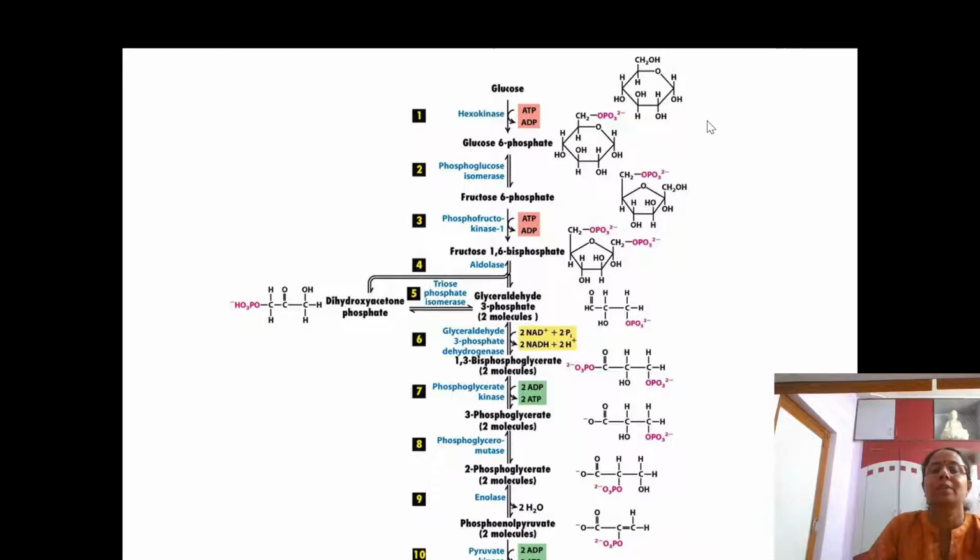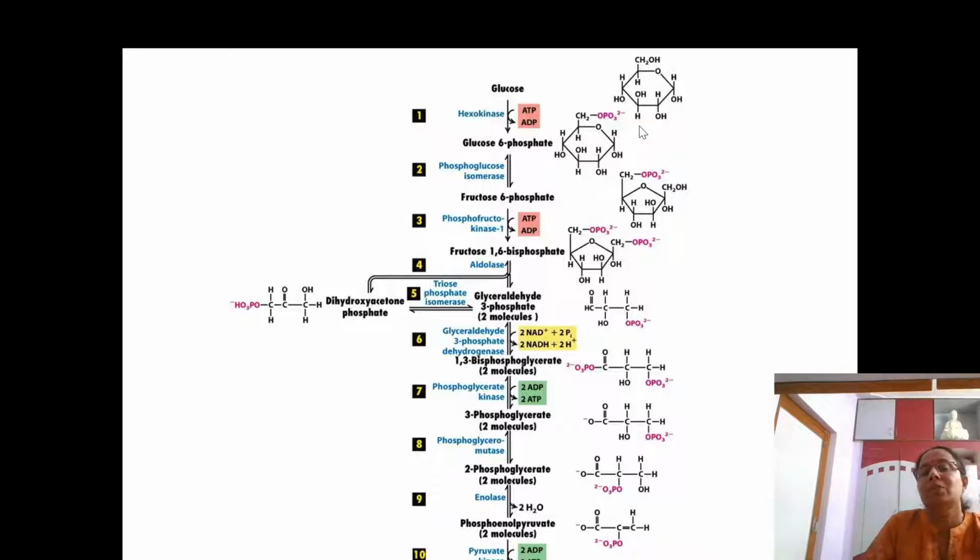Now, coming to the second step, how do you read it? Glucose 6-phosphate is isomerized or converted into fructose 6-phosphate with the help of the enzyme phosphoglucoisomerase.